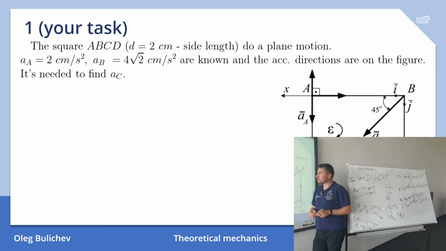Actually, you can choose another. You could take A and find it with respect to B. I explained why it's not a good idea. Daniel, do you understand why it's not? Yes, to choose a pole, take another pole.